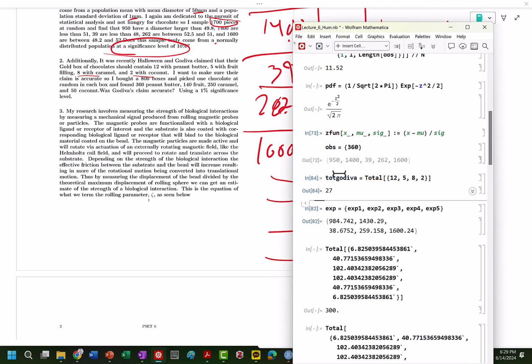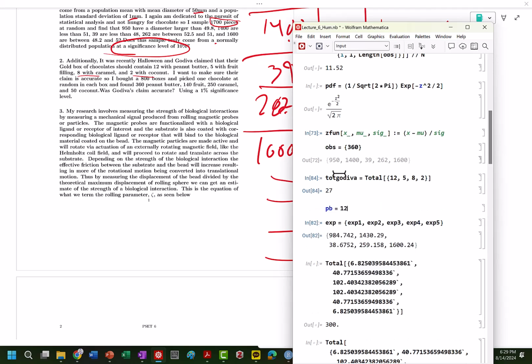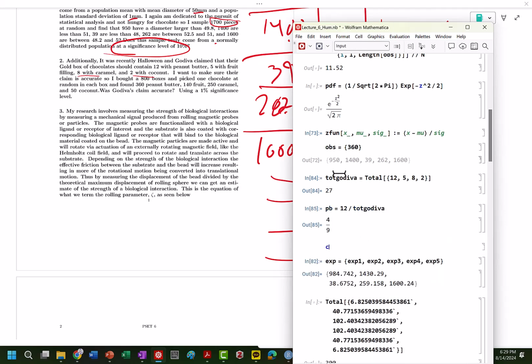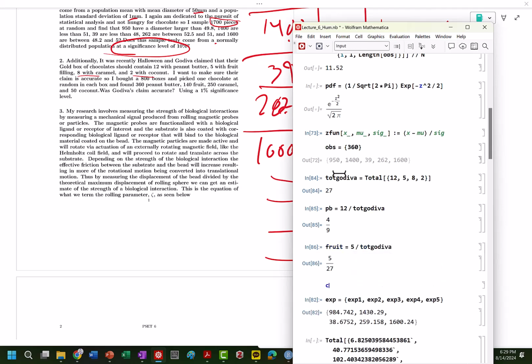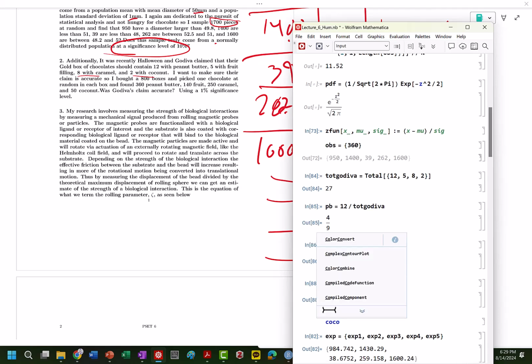So my PB equals 12 divided by total Godiva. My fruit equals 5 divided by total Godiva. My caramel equals 8 divided by total Godiva. And then my coconut equals 2 divided by total Godiva.